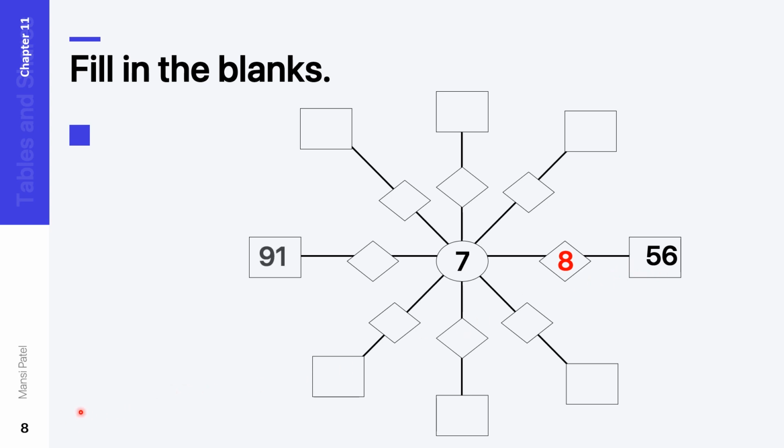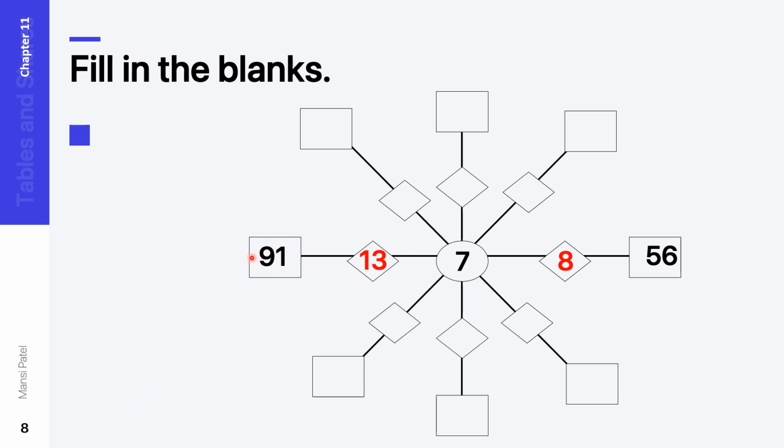Now the next one, 78. How many 7s are 78? Sorry, here instead of 78, it is 91.